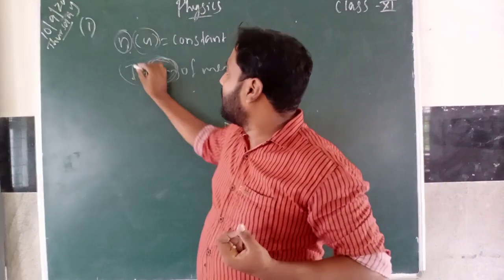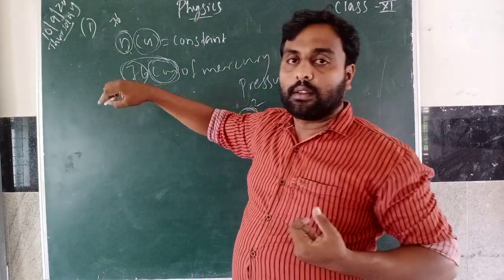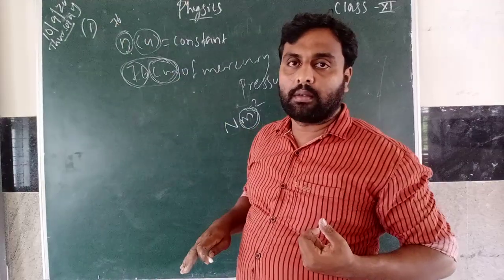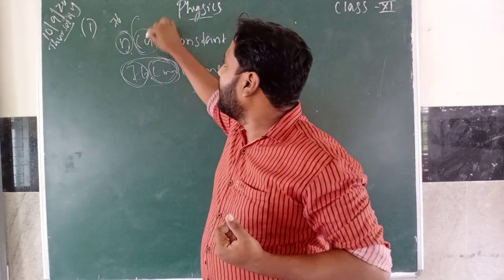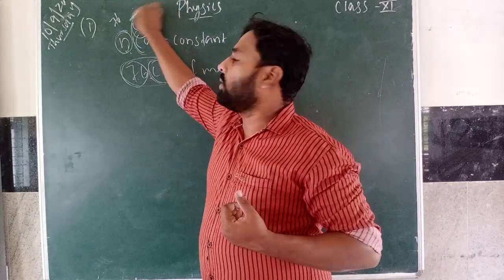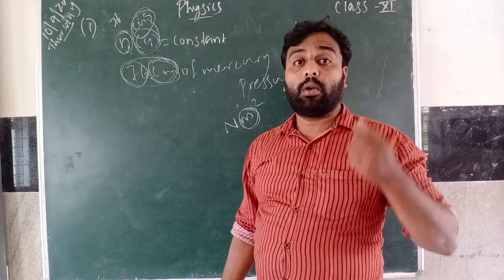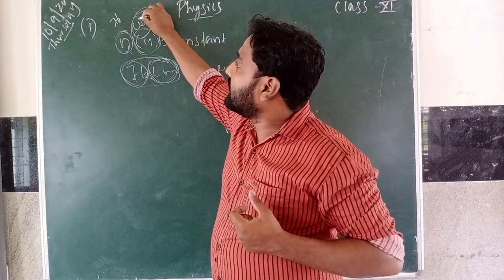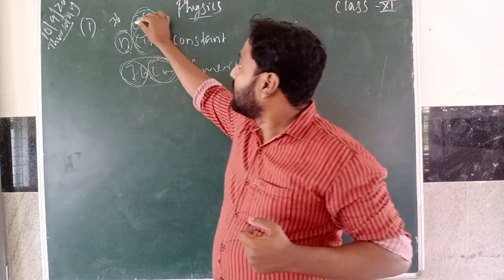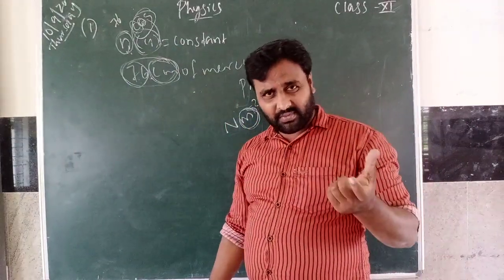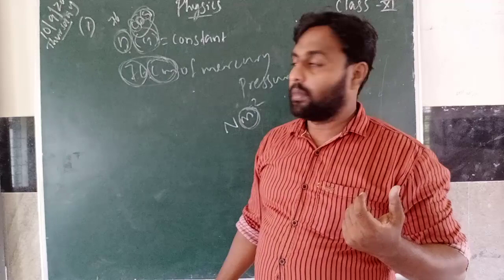Now this value 76 is the pressure, P1. And we want to convert this 76 centimeter. Here we can write CGS, so we have to write centimeter, gram, second. G means unit for mass, C means unit for length, and S is the unit for time.